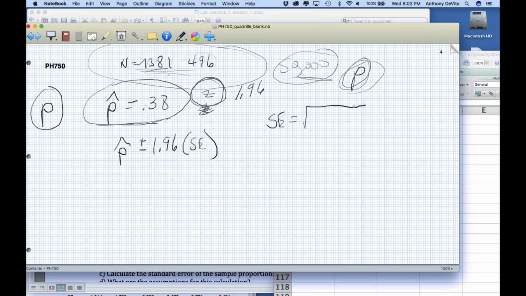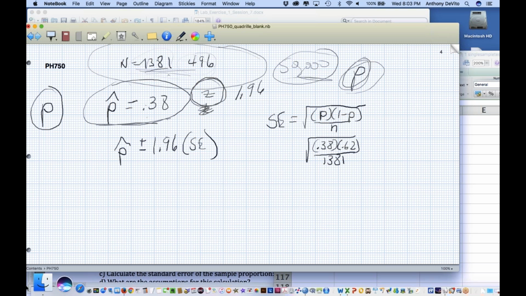The square root of p times 1 minus p over n. So for our specific problem here, it's the square root of 0.38 times 0.62 over 1,381.